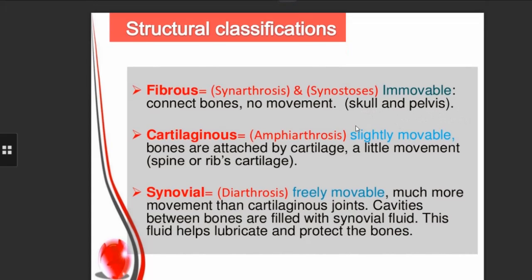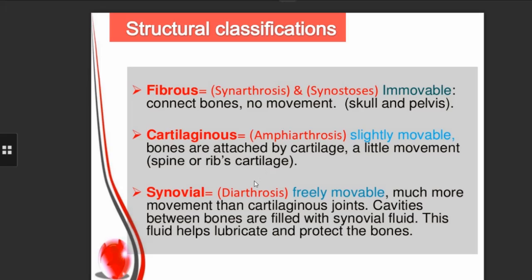Cartilaginous joints, amphiarthrosis, means that they are slightly movable. Bones are attached by cartilage. There will be a cartilage between two bones. A little movement, like in the spine or rib cartilages. When you breathe in, the cartilages do some movement.